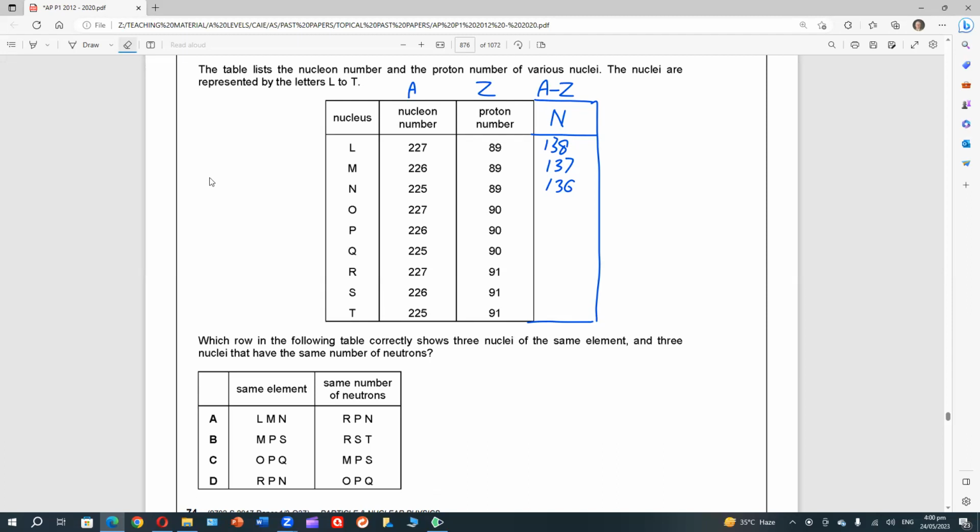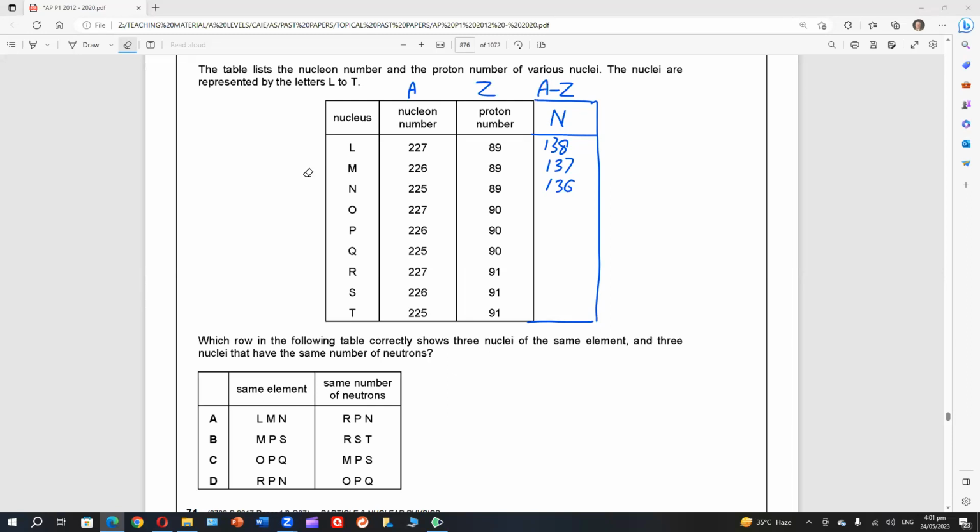Can you suggest the answer? N, P, and R are having the same number of neutrons.